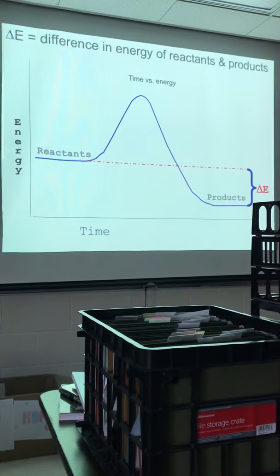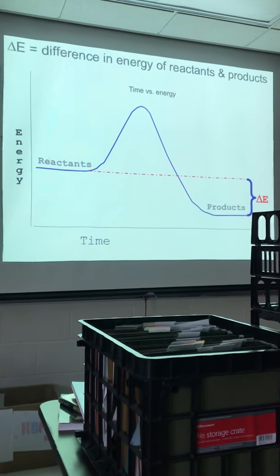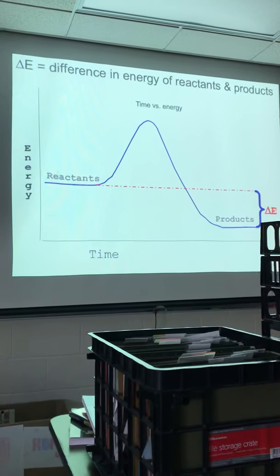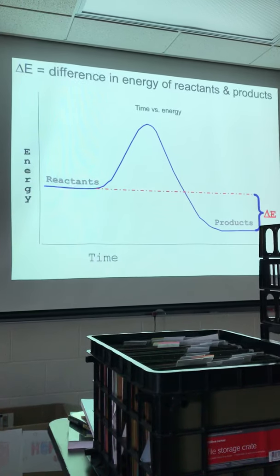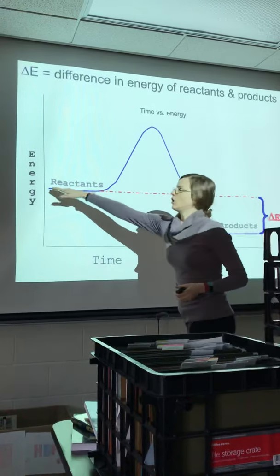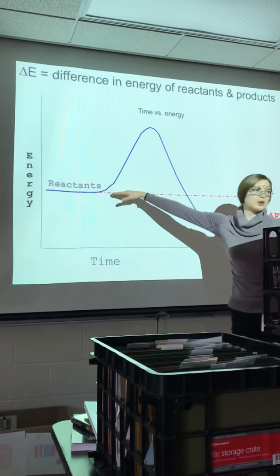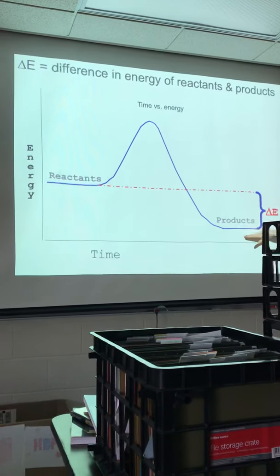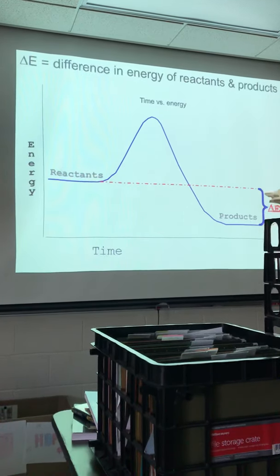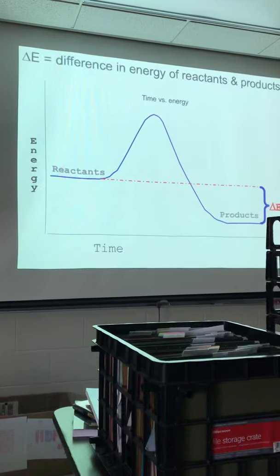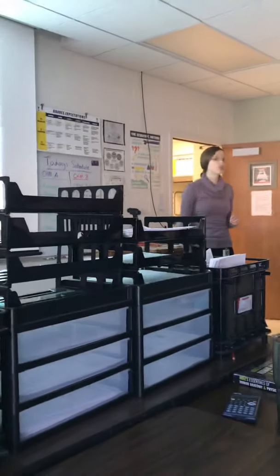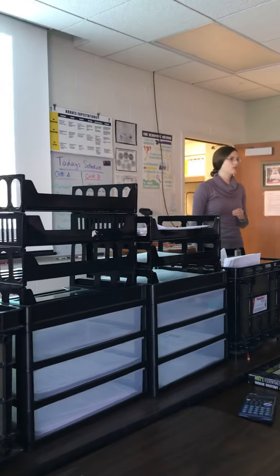And so remember that energy change, the difference in energy from the reactants to the products, is always the distance from the energy level that you start with for the reactants to the energy level of the products. So it's this distance between reactants and products is how much your energy level is changing because of a reaction.